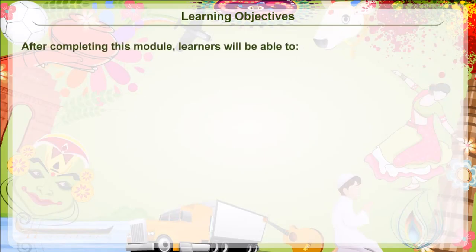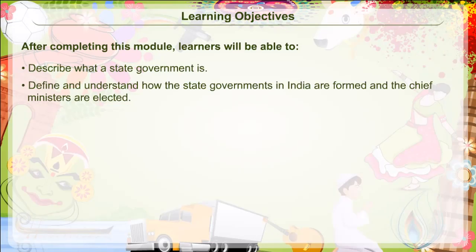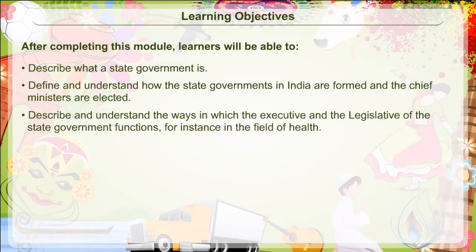Learning objectives. After completing this module, learners will be able to describe what a state government is, define and understand how the state governments in India are formed and the chief ministers are elected, describe and understand the ways in which the executive and the legislative of the state government functions, for instance, in the field of health.